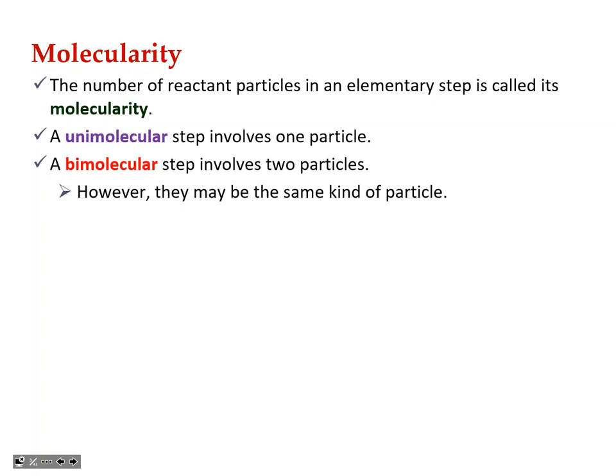Bi means 2, like bicycle, so you have 2 reactants. Just realize, though, that sometimes if it's bimolecular, it could be the same reactant reacting with itself and running into itself. So it doesn't have to be 2 completely different substances. It could actually be, you know, NO2 runs into NO2 and creates a different compound.